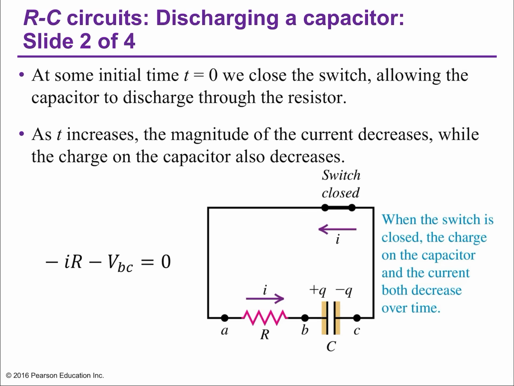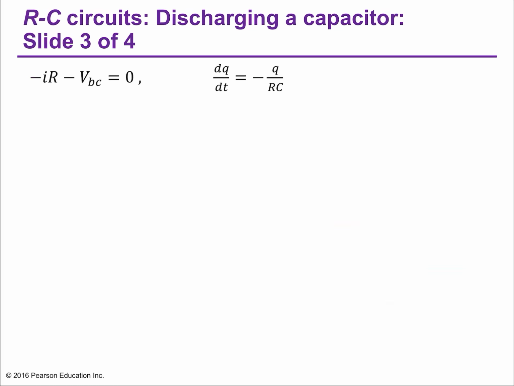We'll take the EMF out of the equation, and then knowing that I is a time-dependent current, write I as dq by dt and write VBC as q divided by C, and then you get an equation that tells you the time dependence. dq by dt equals minus q divided by RC.